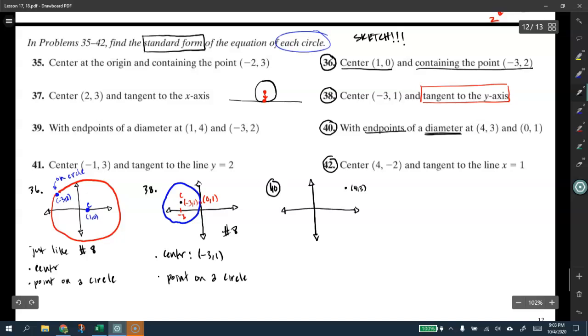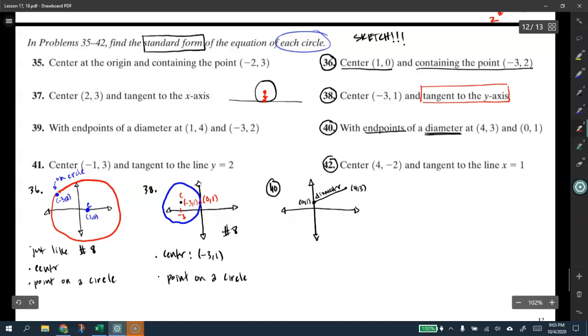So the diameter is going to be determined by these 2 points. And 0, 1 would be over here on the y-axis. So basically what they're saying is this line right here represents the diameter. That right there is a diameter of a circle.